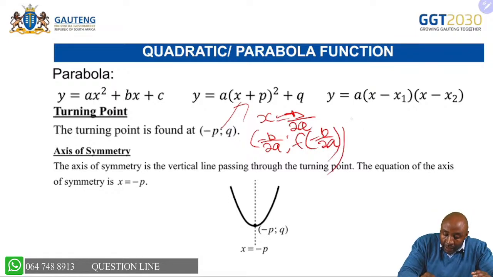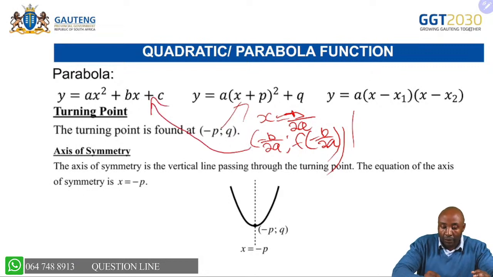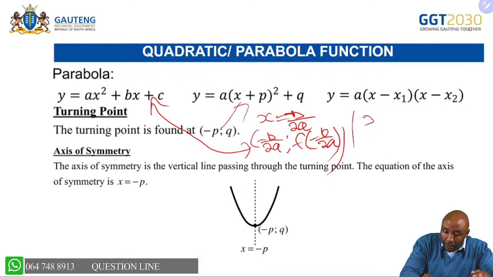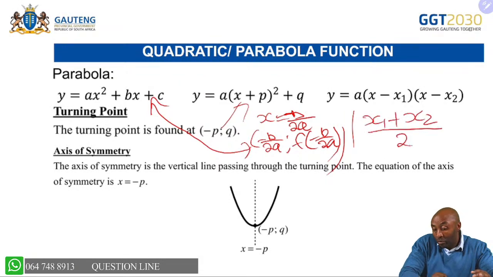And then if we are using the third form of our equation, this one goes with the quadratic form. And then here we are able to get, we add our x1 to our x2, divide them by 2. Whatever we get as the x value here, we take it and substitute it to the original function to get the corresponding y value at the turning point.